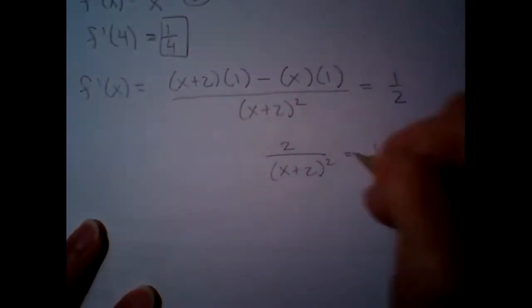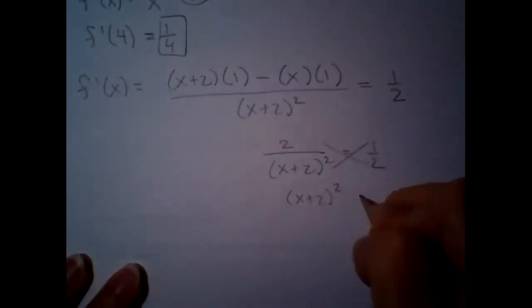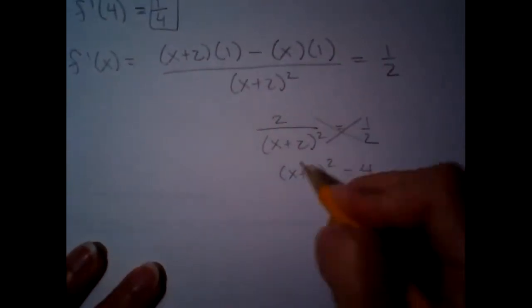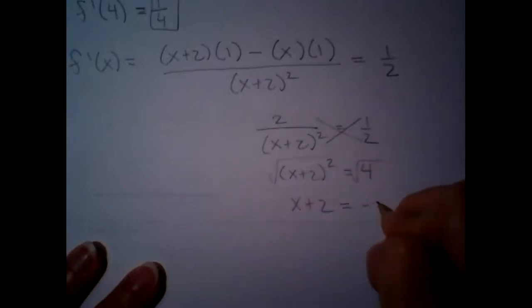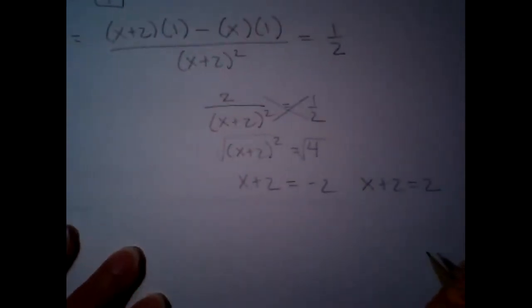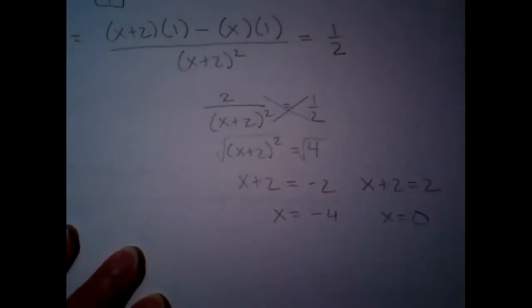And then we can cross multiply. So you'll have x plus 2 squared equals 2 times 2, which is 4. And when you take the square root, you get plus and minus 2. So you get x plus 2 equals -2 and x plus 2 equals +2. And then solving this, you get -4 and 0.